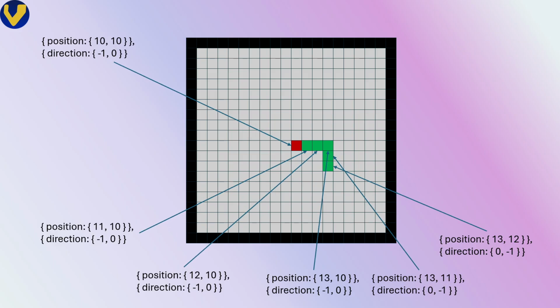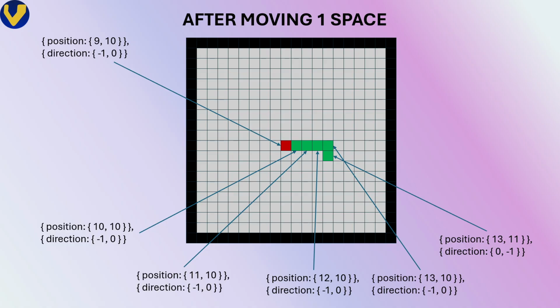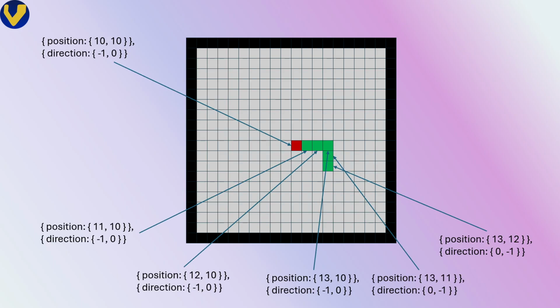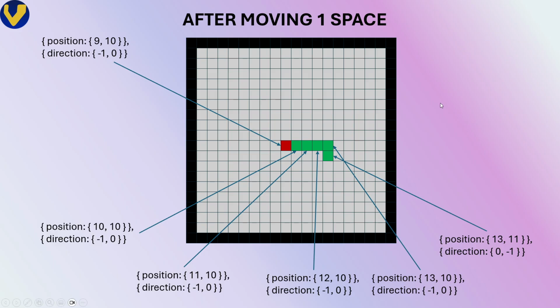And what's also important here is that the direction vector is telling the segment which way to go. So when we start off with the fourth segment going upwards, once it moves back into the old position of the third segment, it also inherits the direction of that third segment.